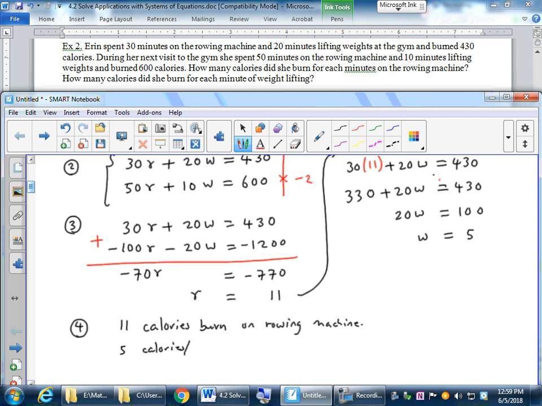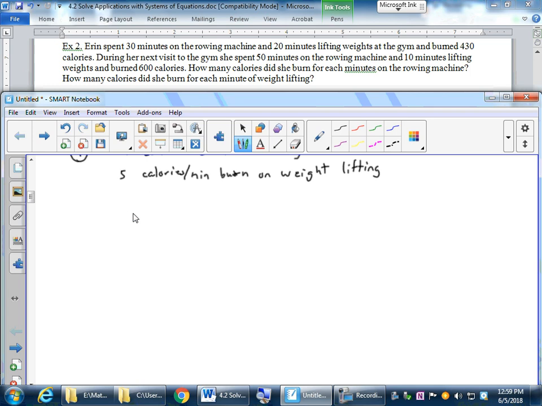I should more specifically say per minute, right? Per minute burn on weightlifting, right? So let's move on to the next example.